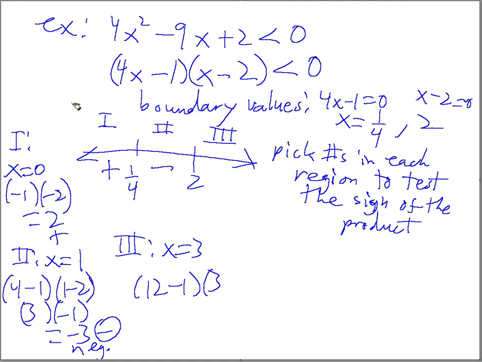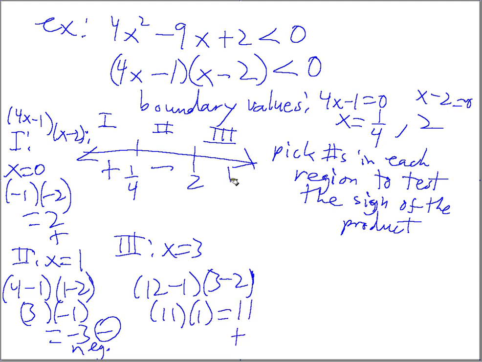Again, I should write this product over here. So let me squeeze it in here: 4x minus 1 times x minus 2. That's what we're testing here, okay? I'm picking 3 for x. 3 minus 2 is going to be 1, right? So we get 11 times 1, that's 11, and that's positive. So put a plus right there.